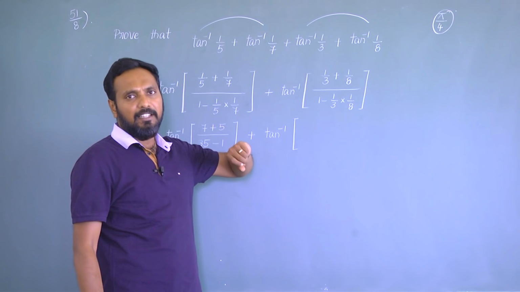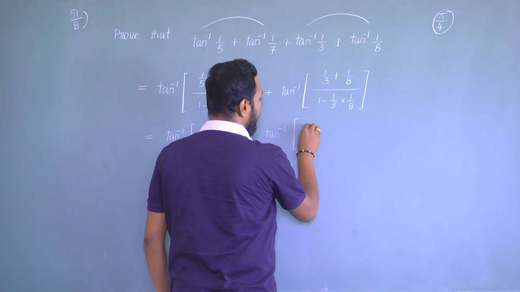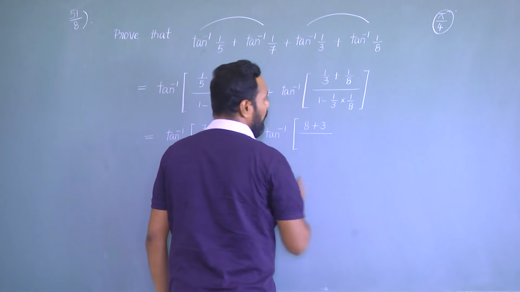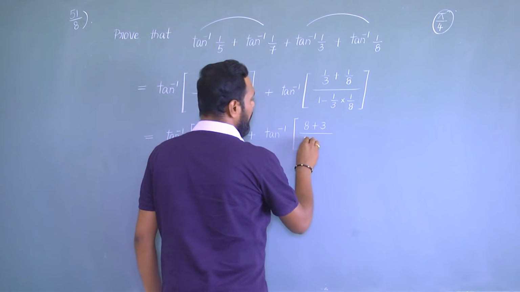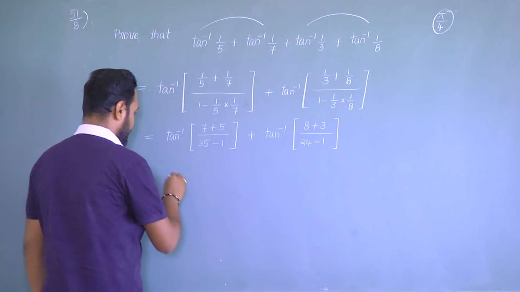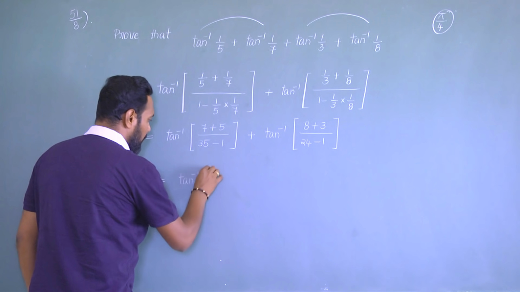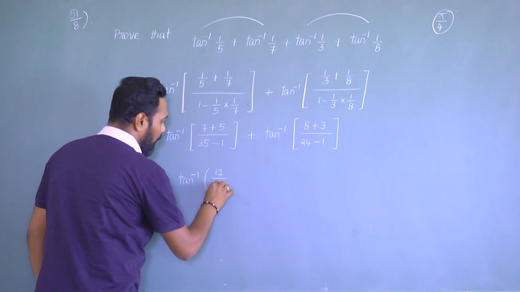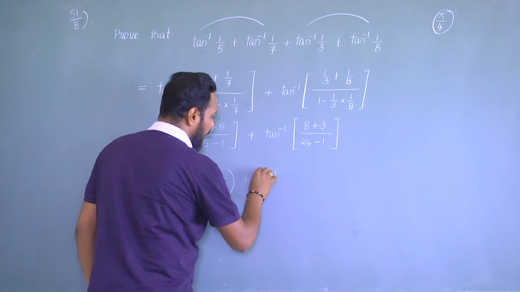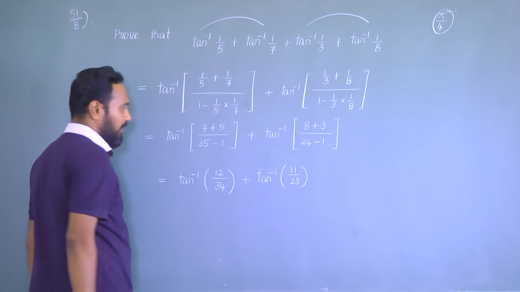I am taking that LCM and cancelling that value directly. Then you will get 8 into 1, 8 plus 3 into 1, 3 divided by 3 8s are 24 minus 1. So this equals tan inverse of 12 by 34 plus tan inverse of 11 by 23.